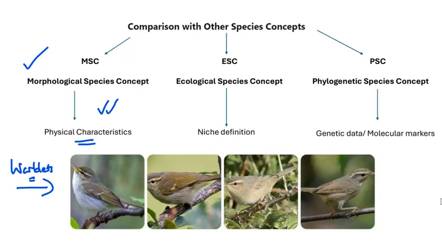Other than their physical characteristics, specialists in identifying phylogenetic warblers would use behavioral characteristics as well, and those would tend to move to our second species concept, which is the ecological species concept, which is based on defining a species in terms of the niche in which it's occupying.